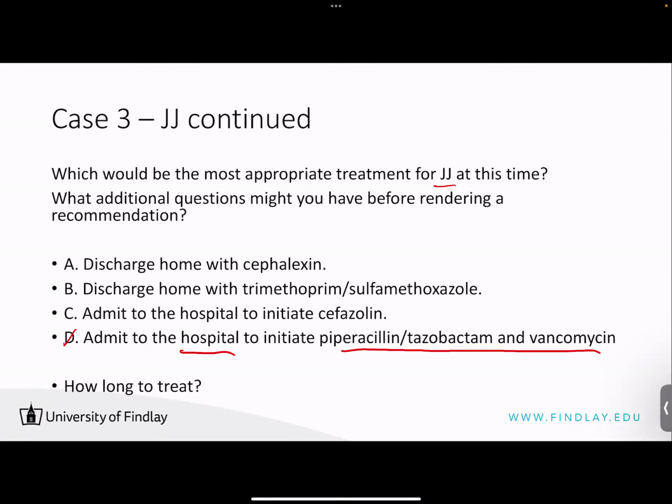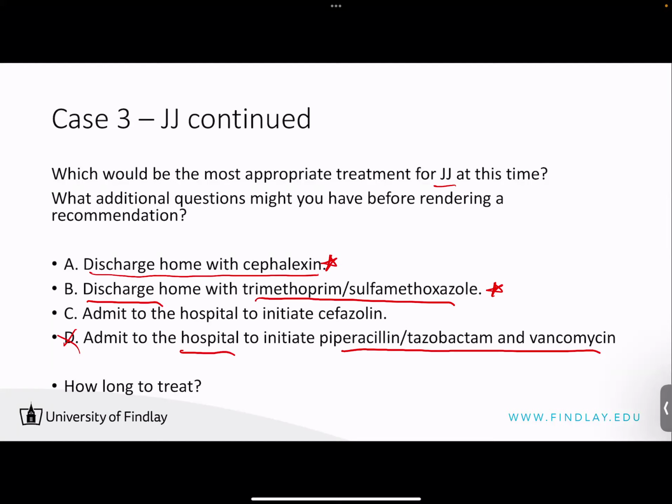No, I don't either. Do you think we need to admit her and start Ancef or cefazolin? Do you think we should discharge her home with Bactrim? There's a consideration. How about discharging her home with cephalexin? There's a consideration as well.